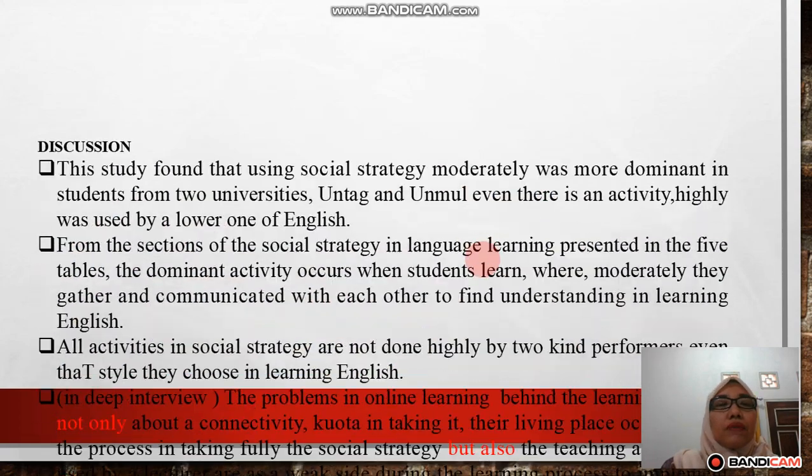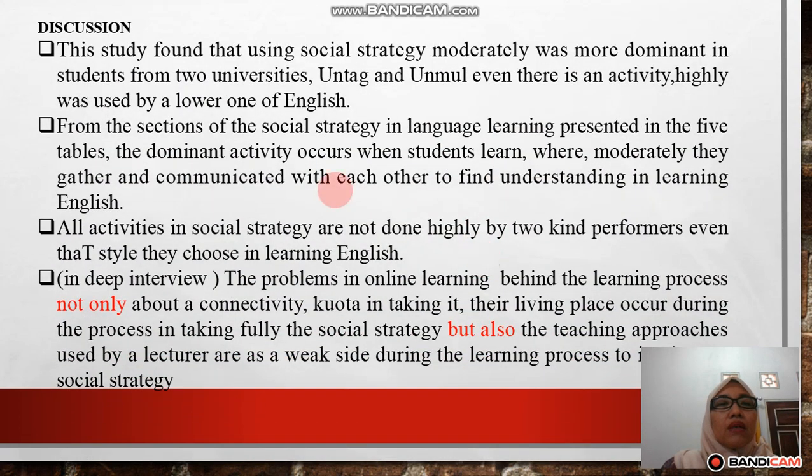So as a discussion, there are kinds of activities where the two groups of students from two universities have different results. Sometimes they used to do it.